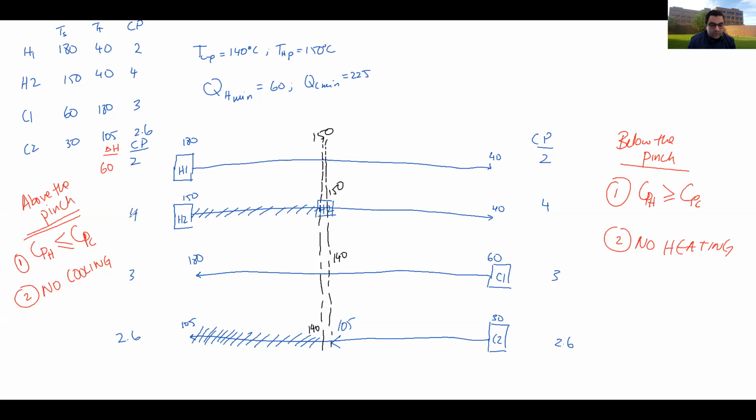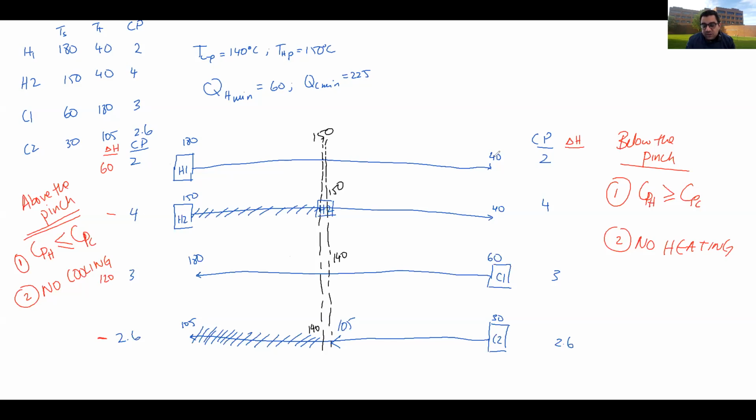This guy doesn't exist above the pinch. 180 minus 140, this is 40 multiplied by 3. This is 120, and this guy doesn't exist above the pinch.